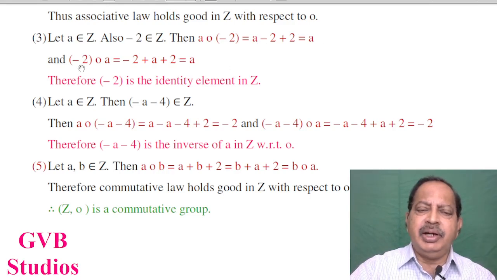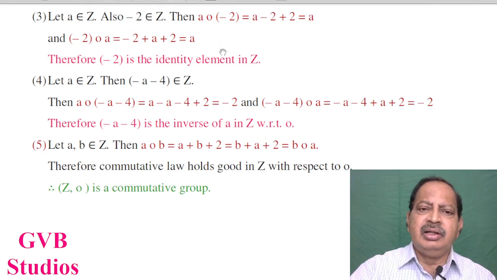And on the left side, (−2) ∘ a is equal to −2 + a + 2, which is equal to a. Here −2 is operated with a from the right side and from the left side, and we get the same a. Therefore, we say that −2 is the identity element in the set Z with respect to the binary operation circle. Remember this point here.